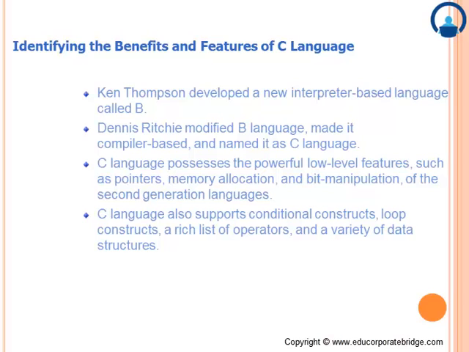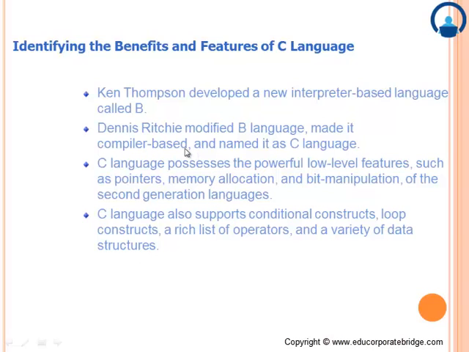Then the meaning of the second line is taken and it is executed, one line at a time. That is called an interpreter-based language. And there are compiler-based languages, which compile the whole program of 10 lines and then execute it line by line. That is called compiler-based languages.